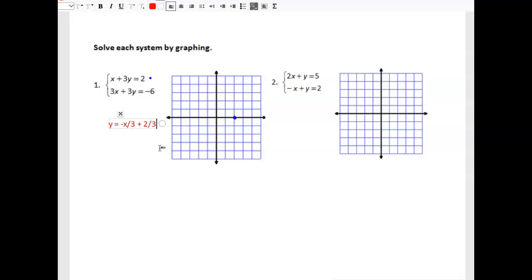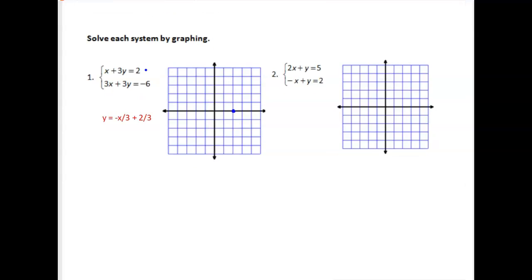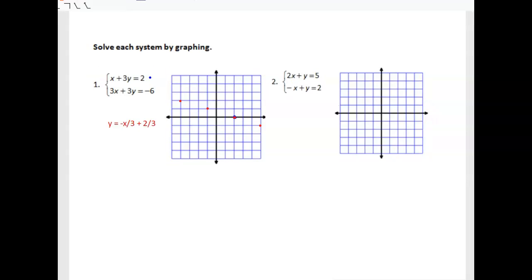So again, we don't really want to graph a y-intercept of 2 thirds, so that's why we started with the x-intercept. And then we're going to apply our slope, which is down 1 and over 3. Connecting our lines, we have our first equation.